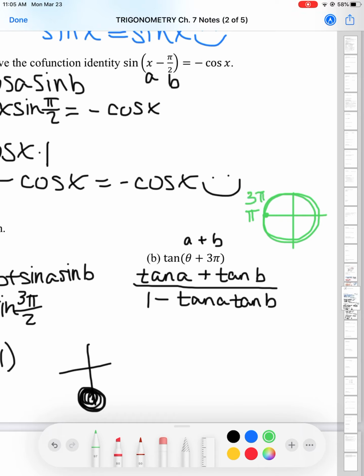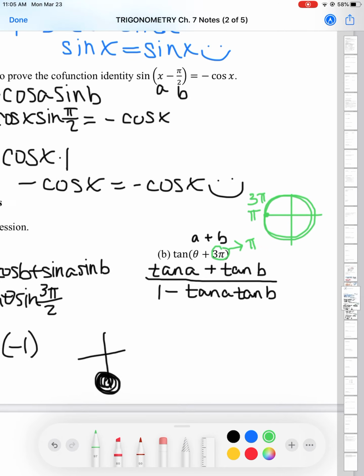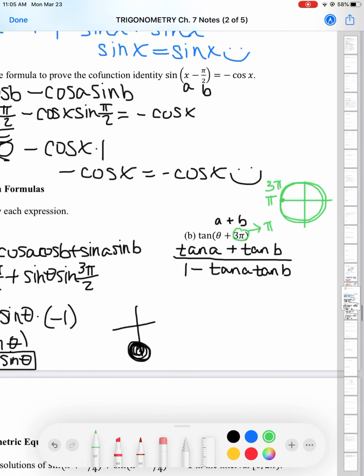So 3 pi is the same as pi. So you can plug in pi for 3 pi, it's just going to be pi. Doesn't matter, okay? Just know that when you plug in 3 pi, you're going to actually be evaluating for a tangent of pi, okay? So let's just do it.